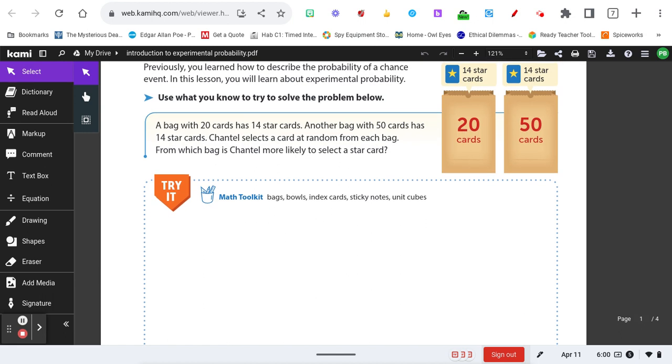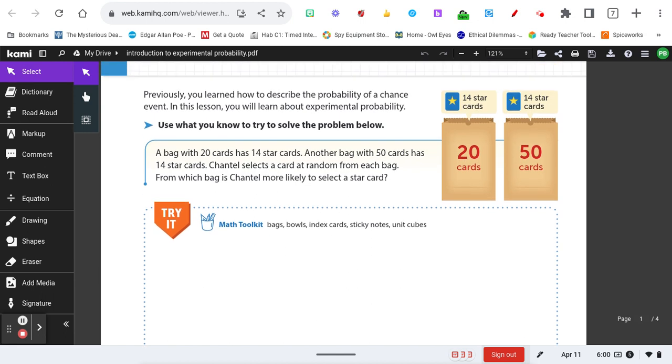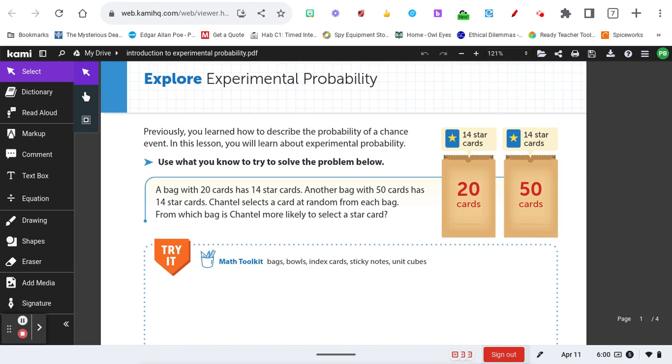It says previously you learned to describe the probability of a chance event using theoretical probability. How many ways can you get it out of the total? But in this lesson, we're going to be looking at experimental.